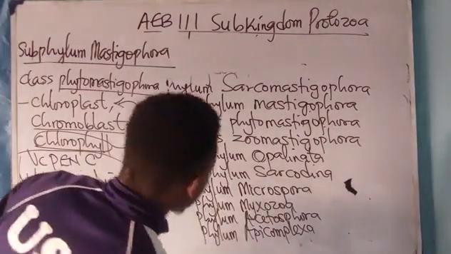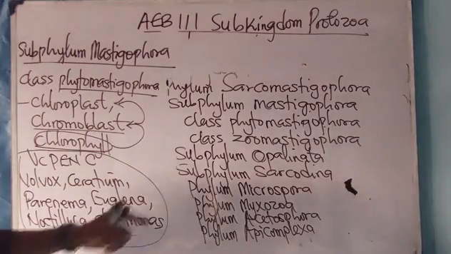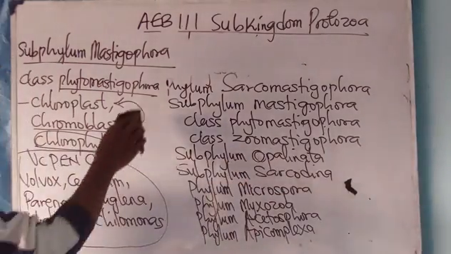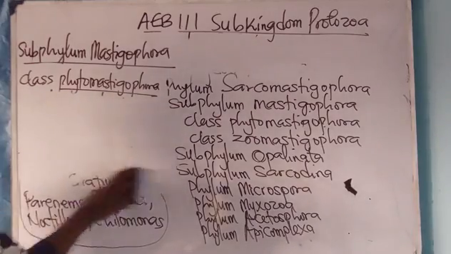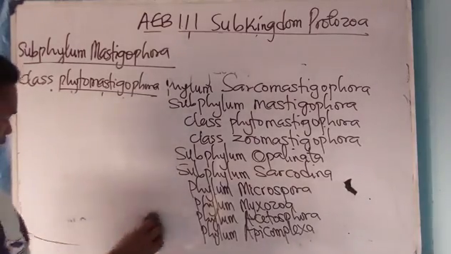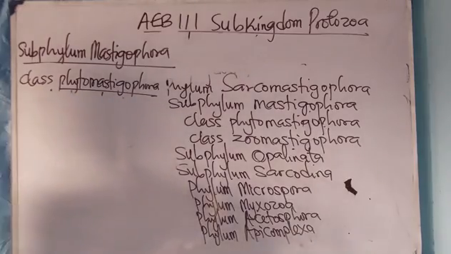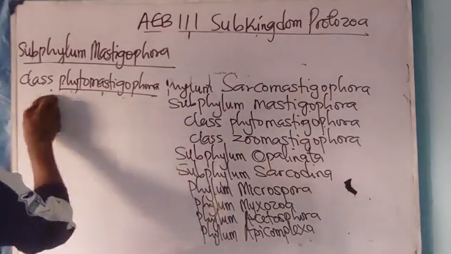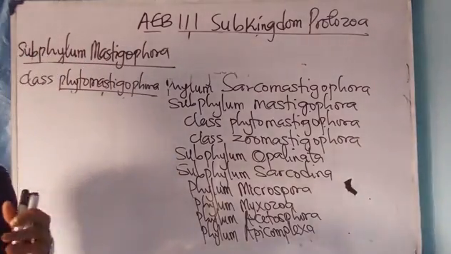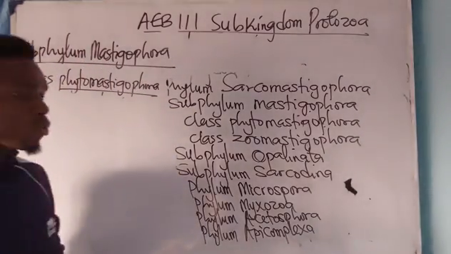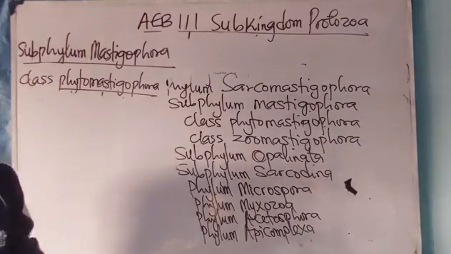The next one is the Zoomastigophorans, or the Zoomastigophora. The Zoomastigophorans are not capable of producing their own food because they lack chlorophyll for photosynthesis, or they are non-autotrophic.